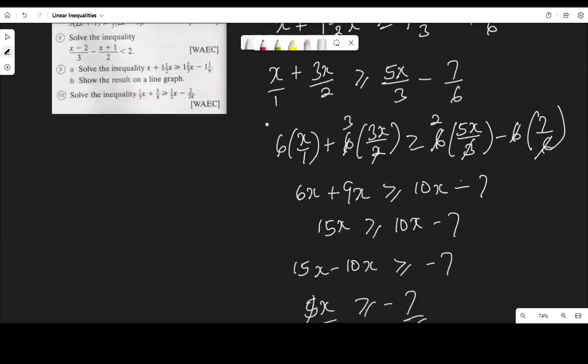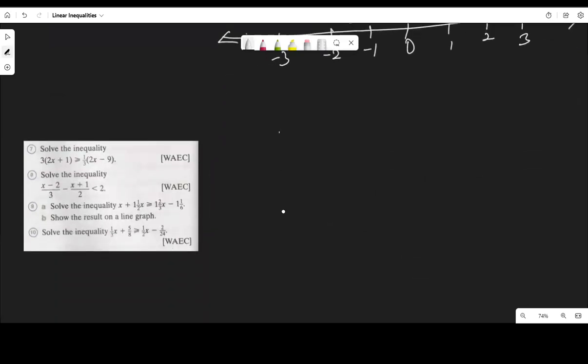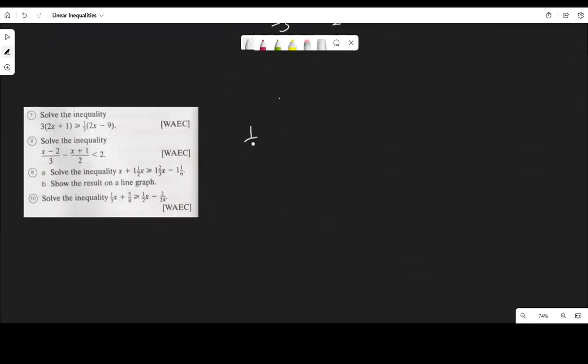So finally, question 10. To solve the inequality, we have 1 over 3x plus 5 over 8 is greater or equal to 1 over 2x minus 2 over 24. Again, to solve this, let's start by clearing the fractions.